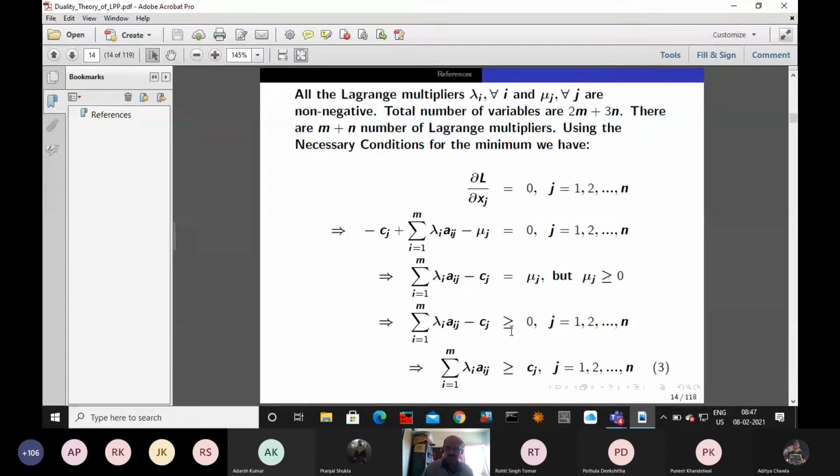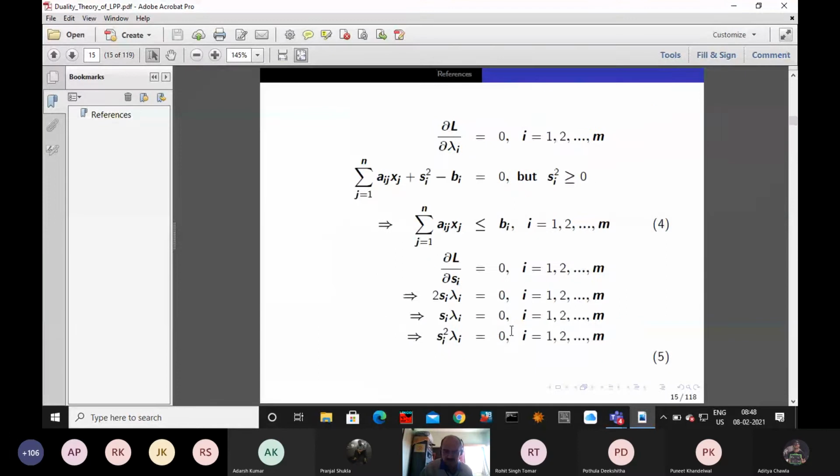In this manner, we will take five different derivatives and simplify. After simplification, we will combine. Here, if you take the derivative with respect to lambda i, del L by del lambda equal to 0, i varies from 1 to m, this is the outcome: summation over j varies from 1 to n, aij xj plus si square minus bi equal to 0.